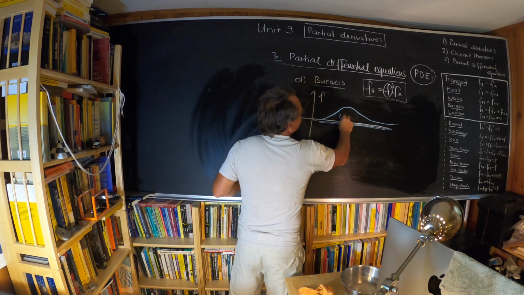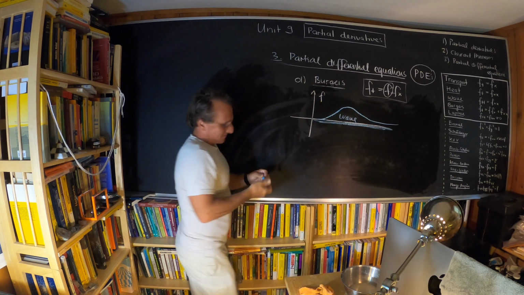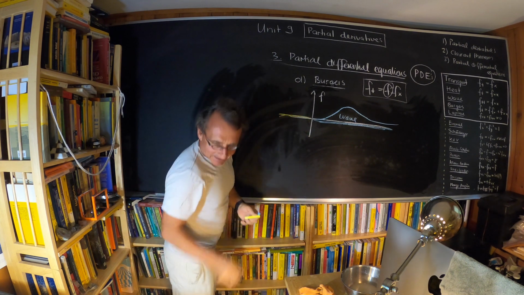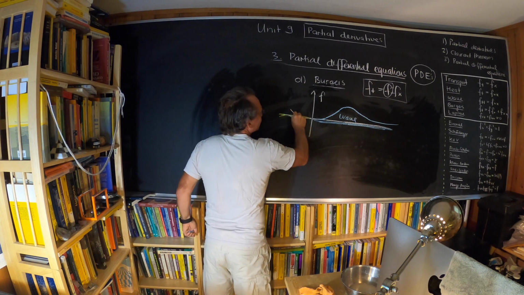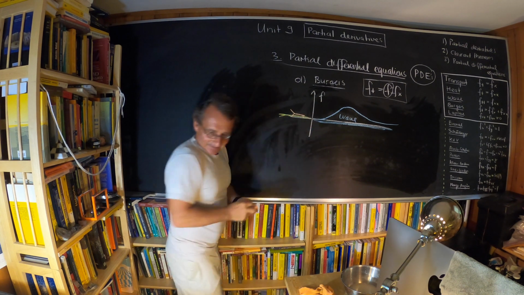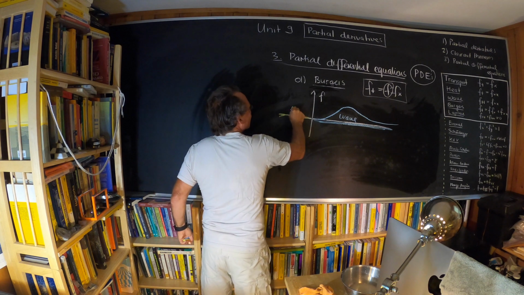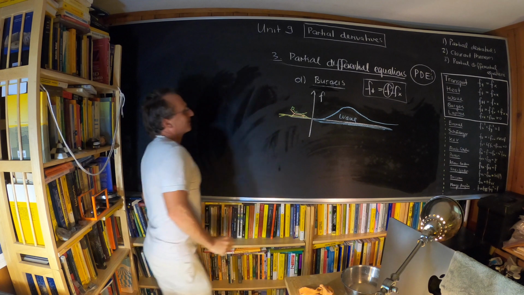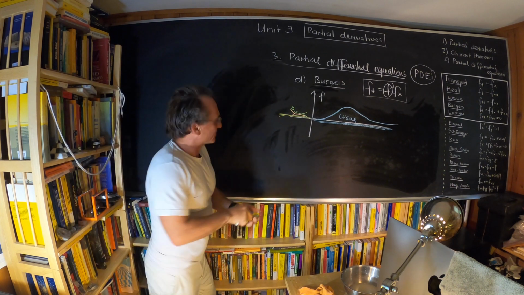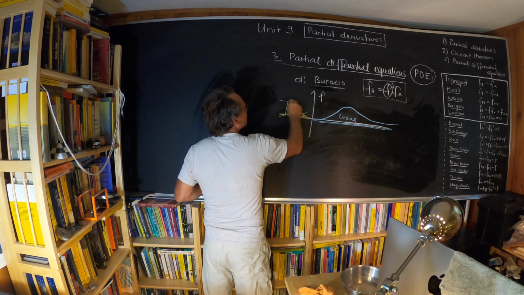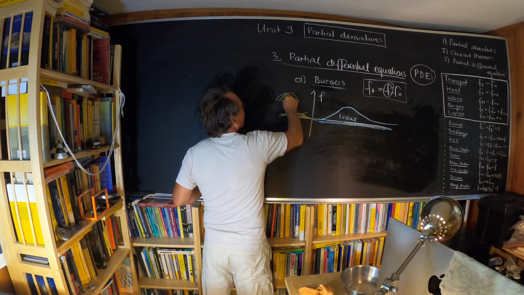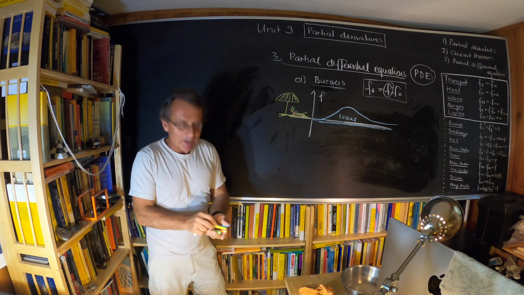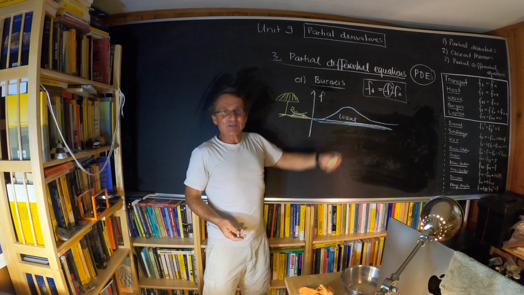You are at the beach here, nice sand, and you're sitting here in a chair, and there's also a nice umbrella. So you're sitting at the beach and this wave is approaching, and actually this wave satisfies this partial differential equation.